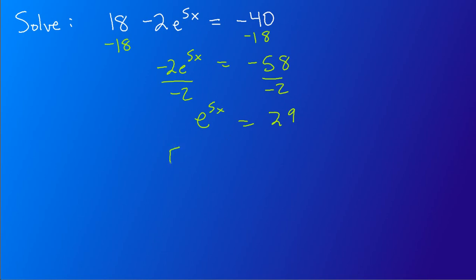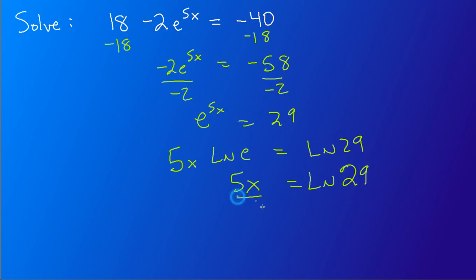Now I'll log both sides. So I have 5x, natural log it though, e. Natural log both sides. I could just get a number right here. Natural log e is 1. So I have 5x equals ln 29. I'm going to divide by 5.